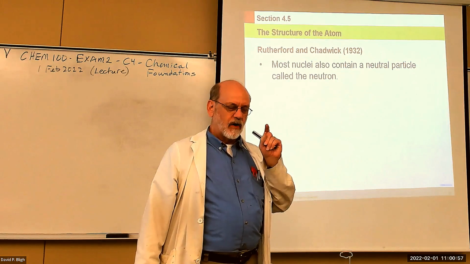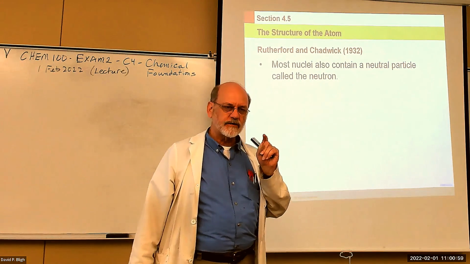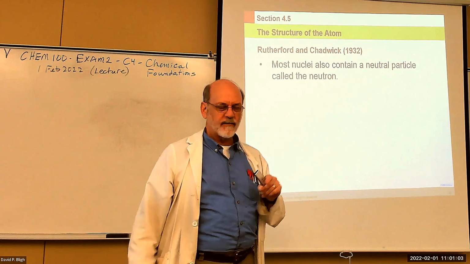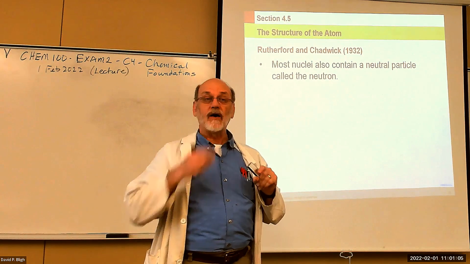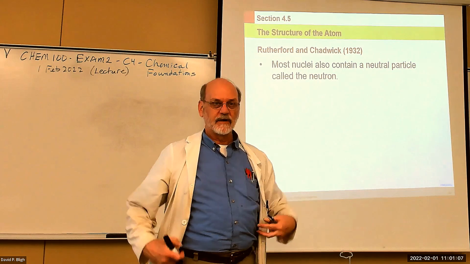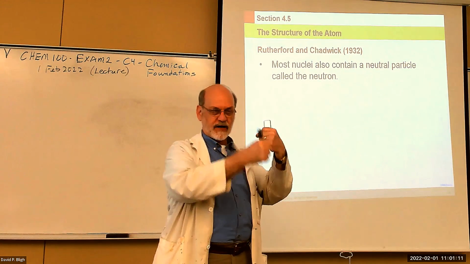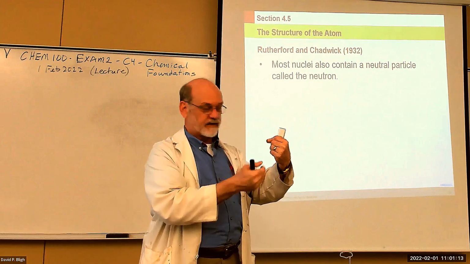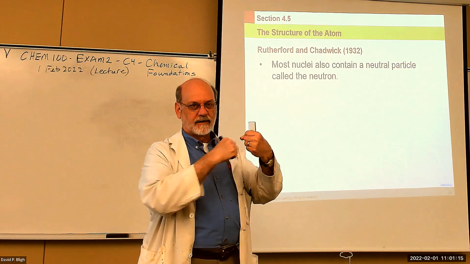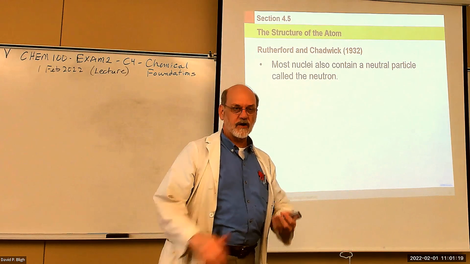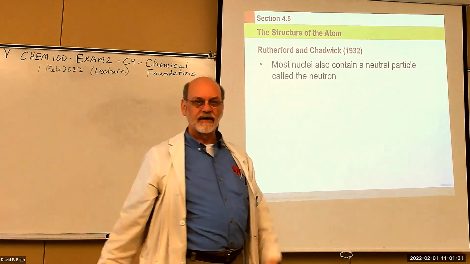Atoms, while most of the mass can be attributed to the proton, it's not all of the mass. They knew by now that there was more mass in the atom beyond that balancing charge. Positive, negative. There was more mass in there, in the nucleus. So they knew it had to be neutral. It couldn't be charged because then you'd have an imbalance again.